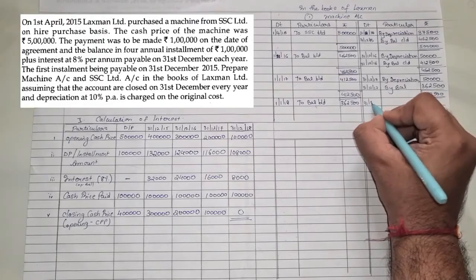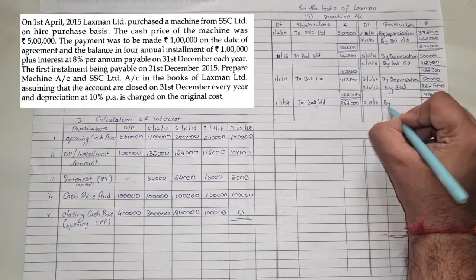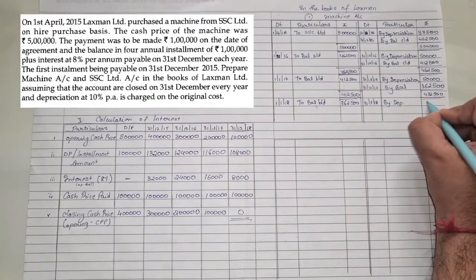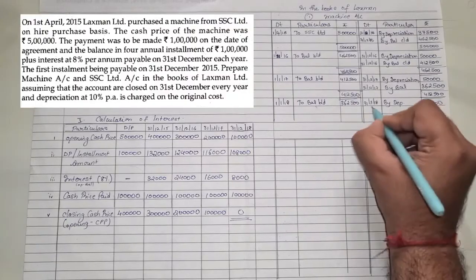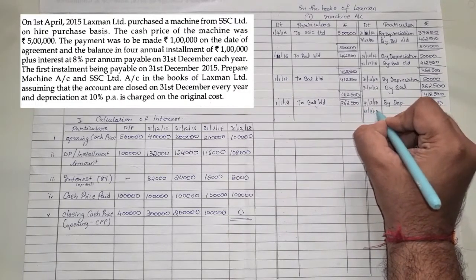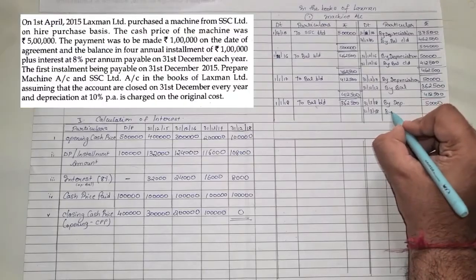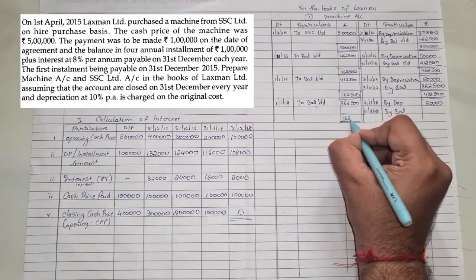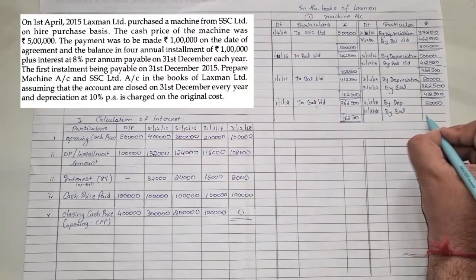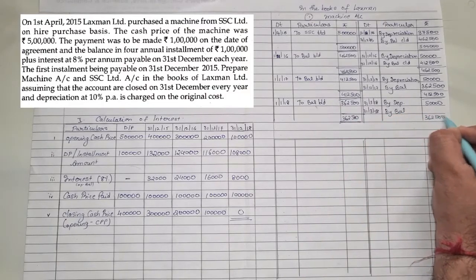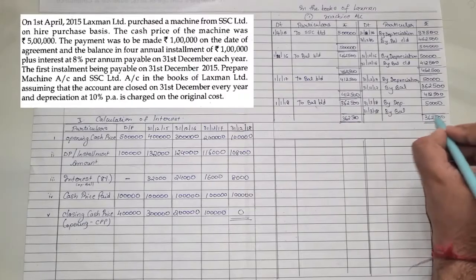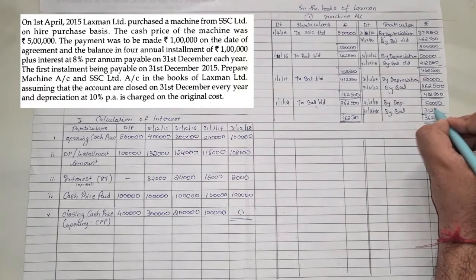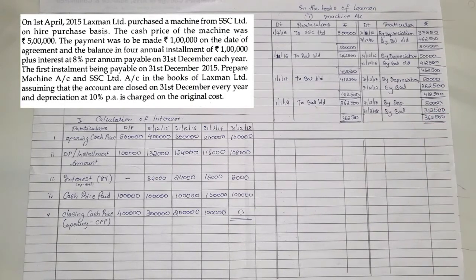On 31st December 2018 by depreciation, again we charge the full year 50k. Then by balance. I'll tally this account one last time, 3,62,500 on both sides. When you subtract, you will get your final balance as 3,12,500.